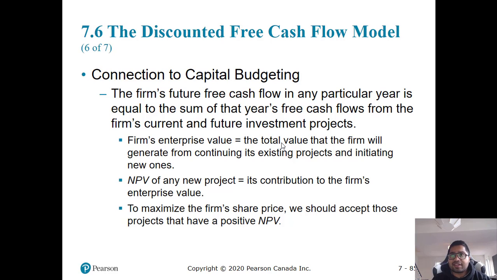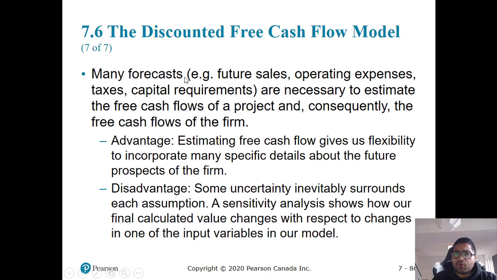How do projects generate positive net present value? If the total inflow from the project is greater than the cost of those projects, then you increase the firm's value. Many forecasts, for example future sales, operating expenses, taxes, and capital requirements, are necessary to estimate free cash flow for the project and consequently the free cash flow to the firm.